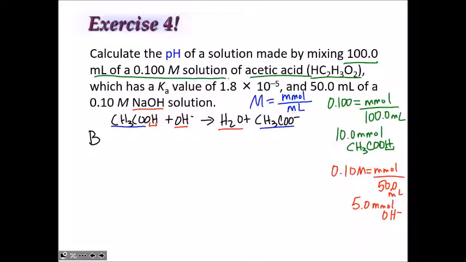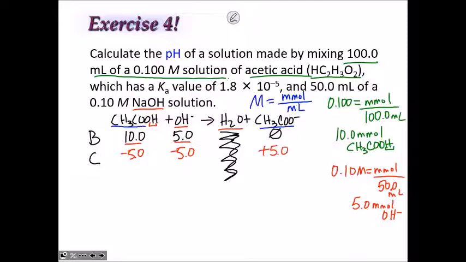So initially we have 10 of our acid, 10 millimoles, 5 of our base. Don't need to really concern ourselves with the water. 0 of our conjugate before. Now the change, looking here, the lower number being the 5 here, that's what we're going to subtract. So subtract that on the reactant side. That's what's going to be added to our conjugate, because that's how much conjugate's produced. And then we have 5 of this. This cancels down to 0. And we will have 5 of our conjugate.